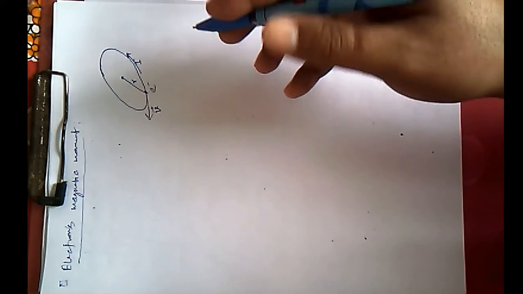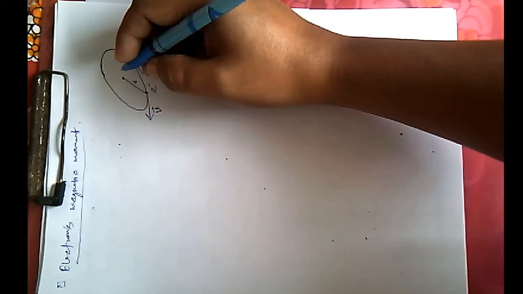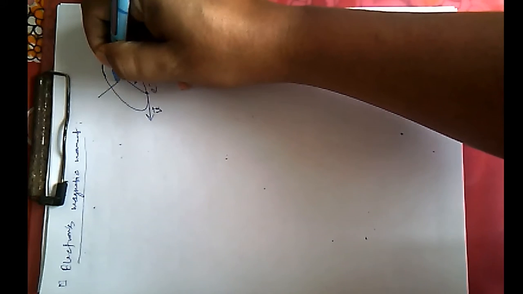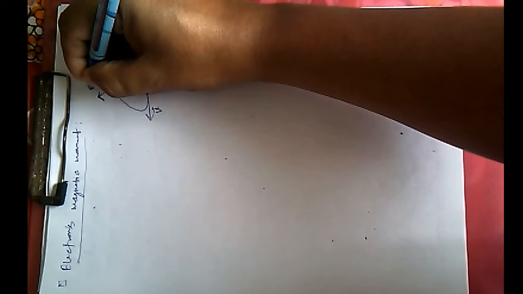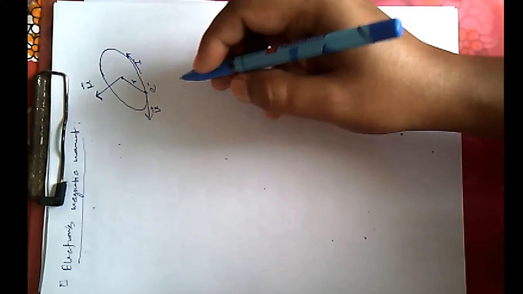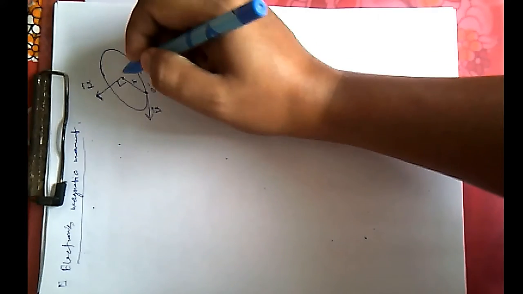So for this rotation of the electron, you will get a magnetic moment. Suppose I am defining it as mu, right? It has to be perpendicular to this circular plane. Fine.